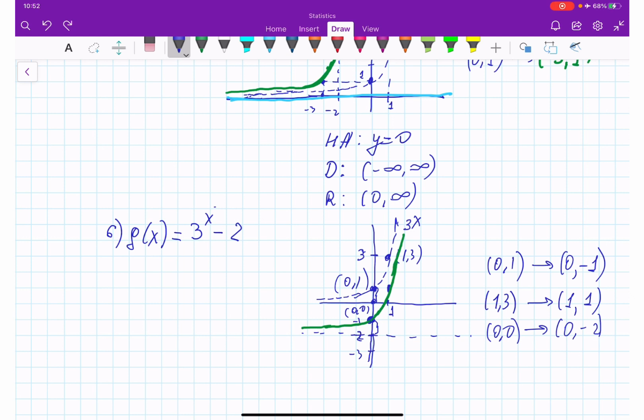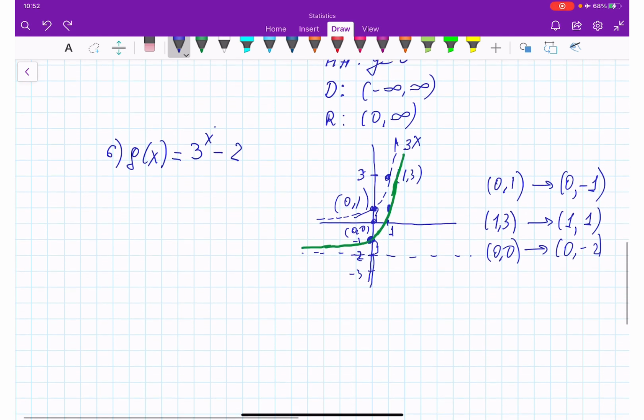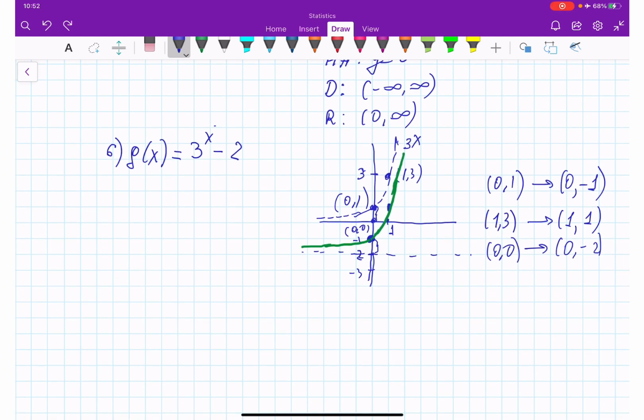Okay. Now, what else we have? How much is going to be my asymptote? Tell me, please. It's going to be 0, y is equal 0? No. It's going to be y is equal -2, because here it is, it's running towards -2, but never crosses.